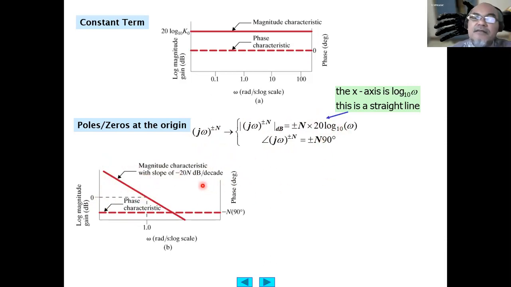Per decade means every multiplication of the frequency by 10, because log 10 is 1, so the slope will be 20 times n over one decade. The phase characteristic, on the other hand, remains constant. It is not a function of frequency; it is a function of the power n, plus or minus n times 90 degrees.